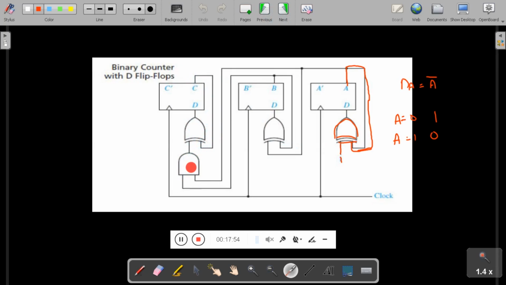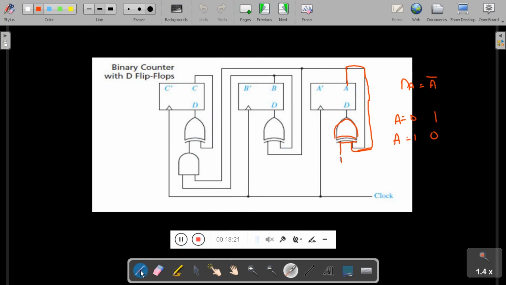I am using one AND gate here. The inputs to the AND gate are the output of the A flip-flop and the output of the B flip-flop. The output of the AND gate is connected to the exclusive OR gate, and the output of the exclusive OR gate is connected to the D flip-flop. This way you can design the mod 8 counter by using D flip-flops.